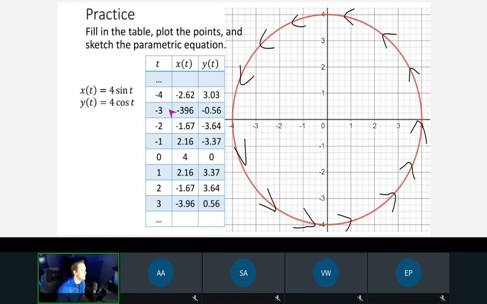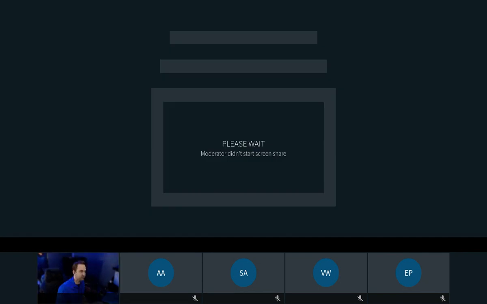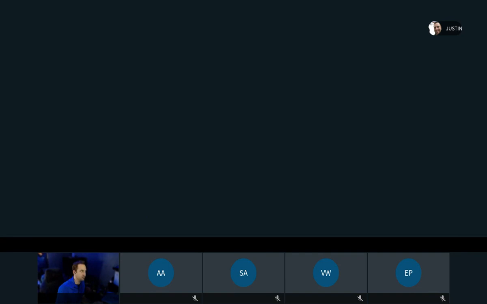So these values are wrong because when I typed it into Desmos, the x should be 4 sine t, and in my demonstration, I had it written as 4 cosine t. Let me go back and share that and see my mistake. Whoopsies.